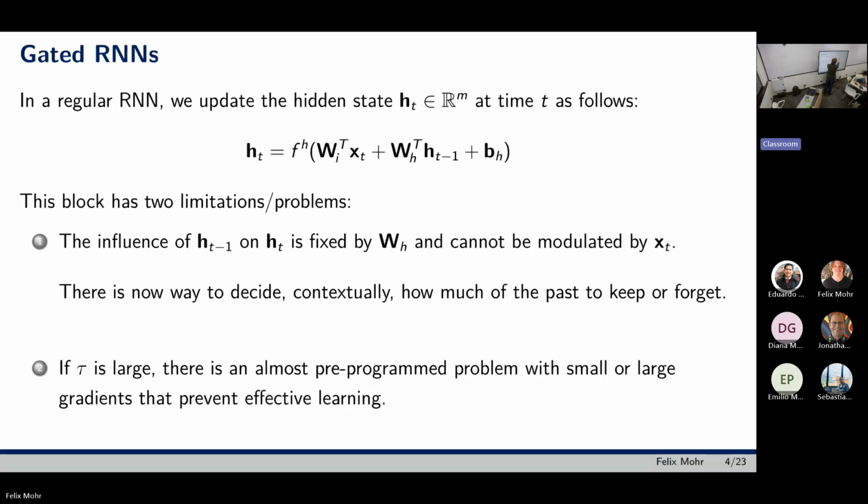Now, this here is a vector, okay? Because here we have a matrix multiplied with a vector plus a vector. Now, what would happen if we would allow some of the entries of this vector to be set to 0? That would basically mean that we would ignore this part of h t minus 1, right?